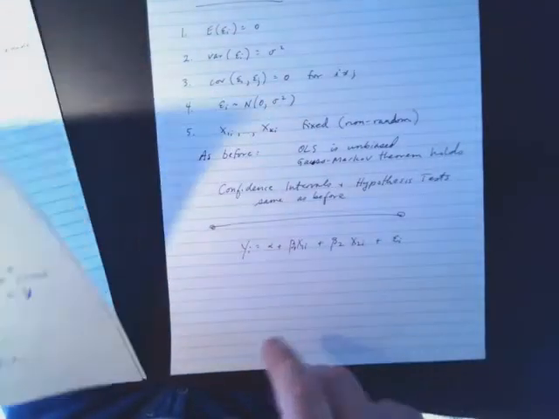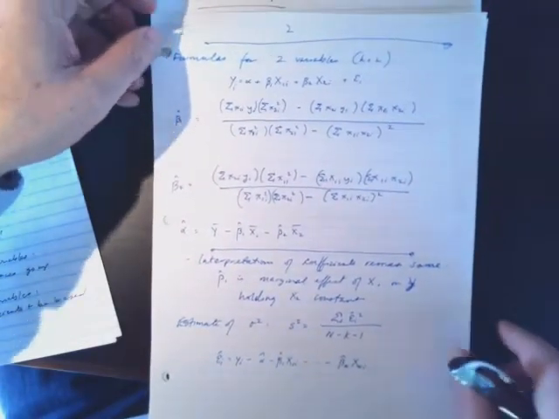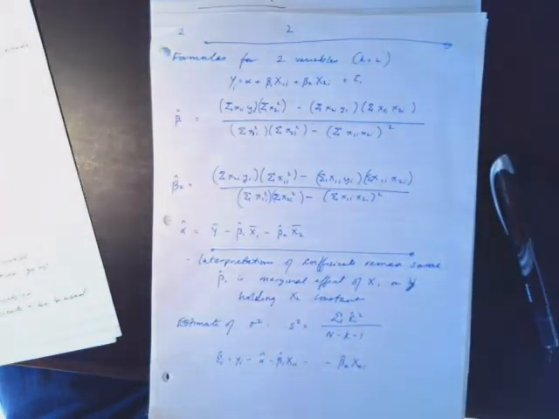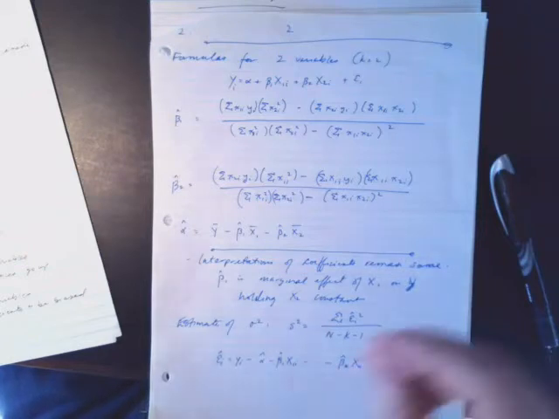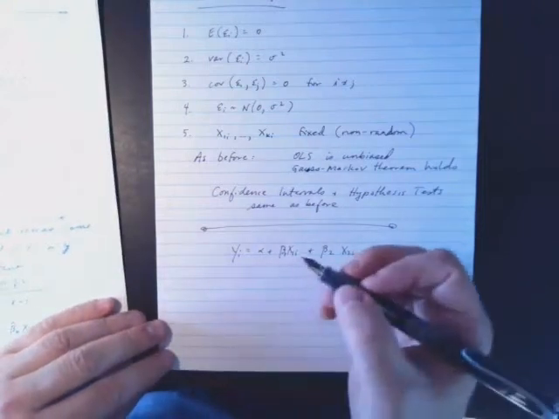You can see in the textbook, this is what the slope coefficients look like. And I'll just talk you through it. I'm not going to rewrite the whole thing. Now, there's a bit of notation that the book uses.